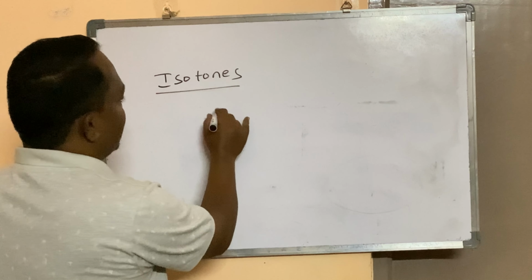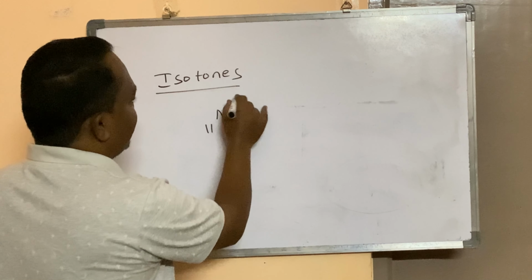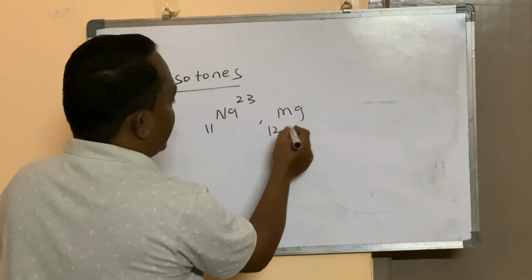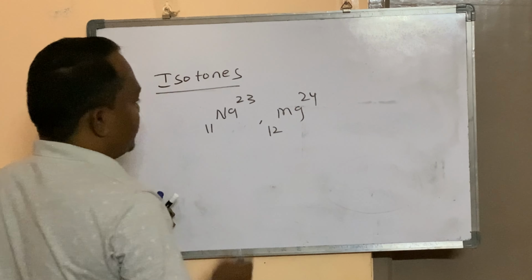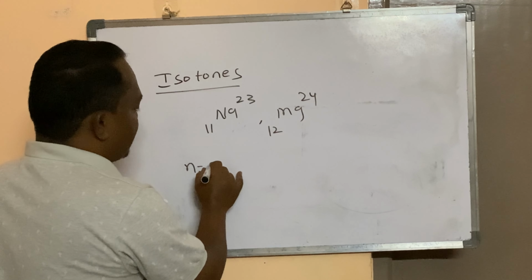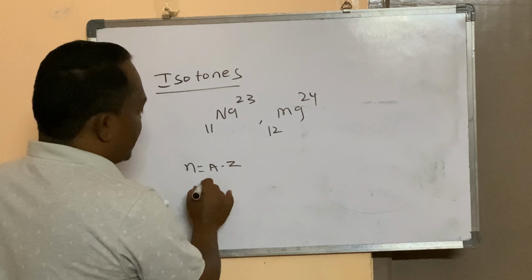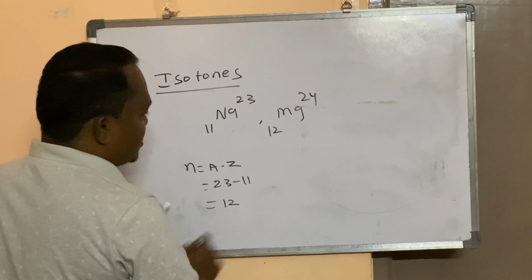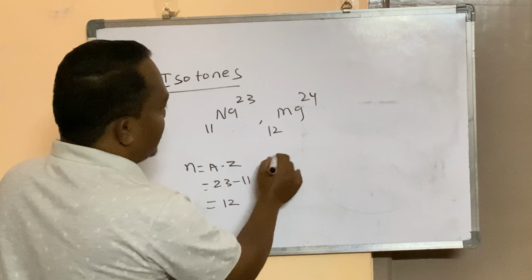Example I am taking here: sodium, atomic number 11 with mass number 23, and magnesium, atomic number 12 with mass number 24. When we calculate the number of neutrons, mass number minus atomic number, for sodium it is 23 minus 11, which gives 12 neutrons.